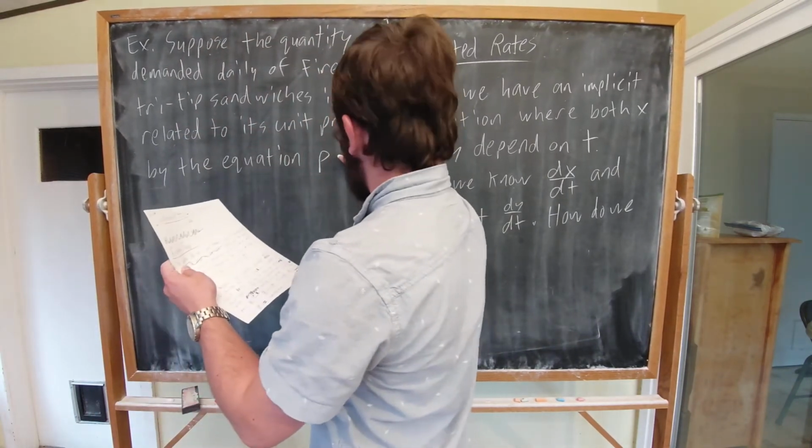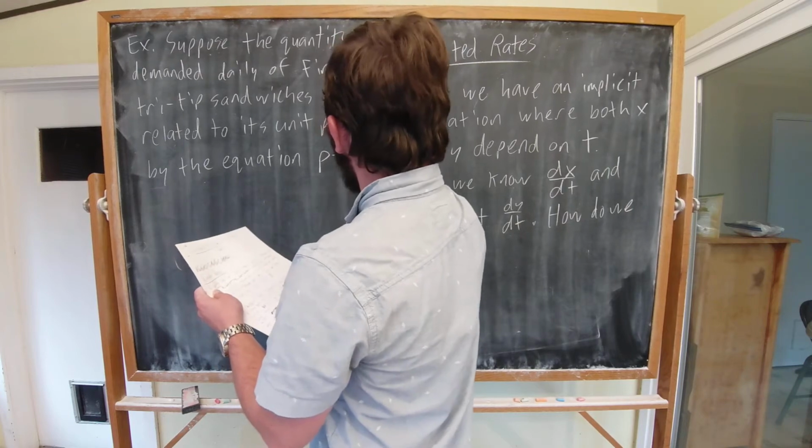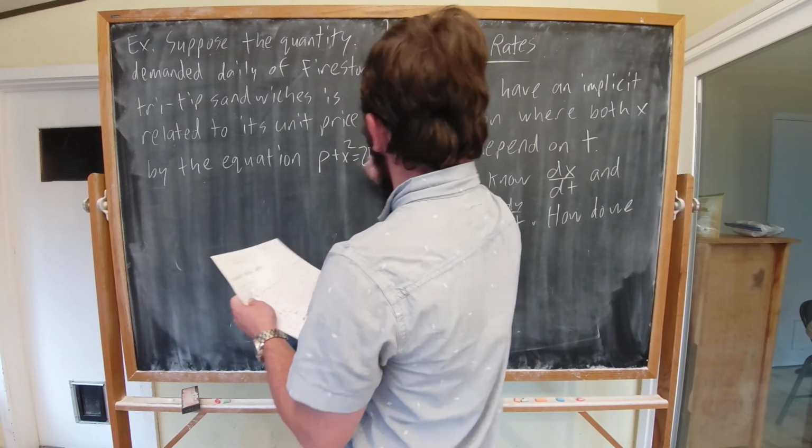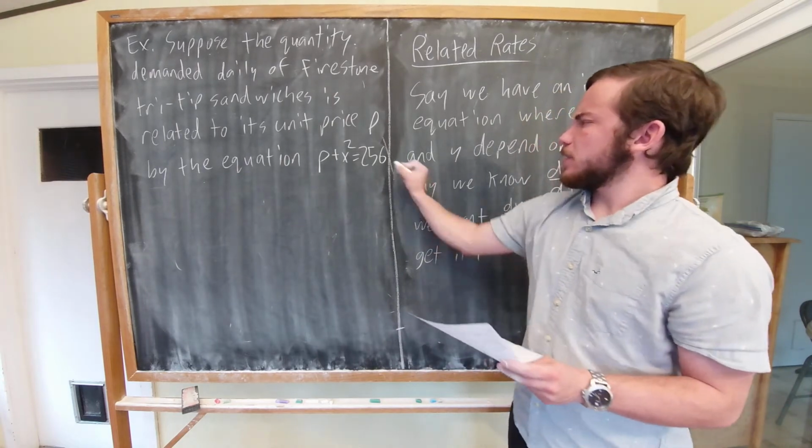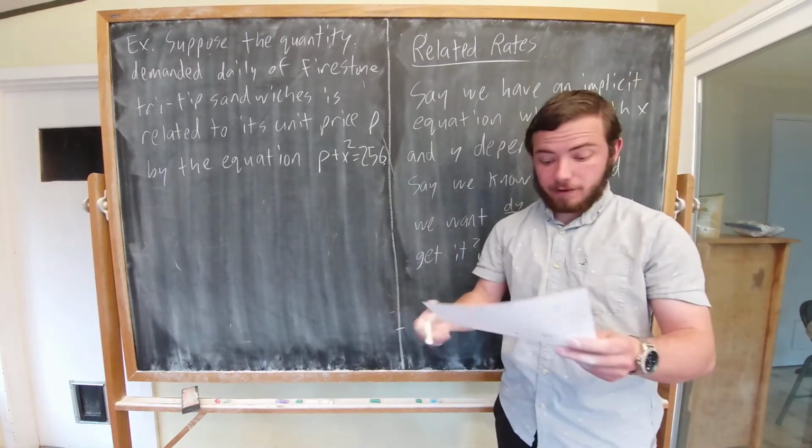P plus x squared is equal to 256. That's all well and good information for us.